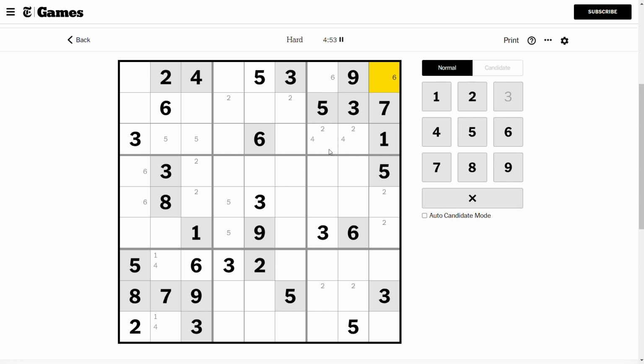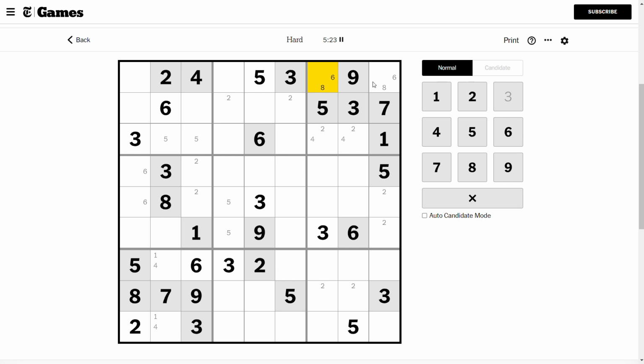That means both 2 and 4 must go into the other two open cells, 2 or 4 like this, or 4 or 2 like this, meaning that the other missing digits of block 3 have to go up here. They are 6 and 8. Okay, so we've got 2, 4 down here, and 6, 8 up here, because the placement of 2 and 4 eliminates 6 and 8 down here. So they must go up here.